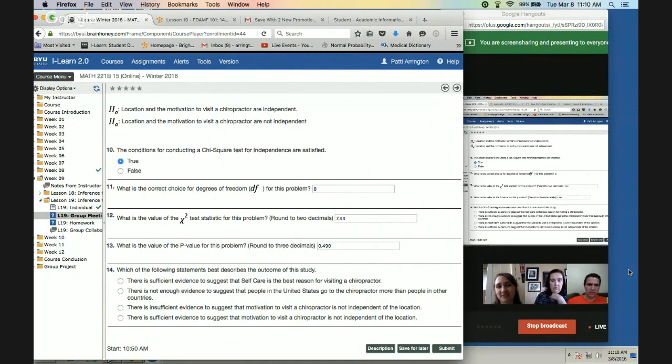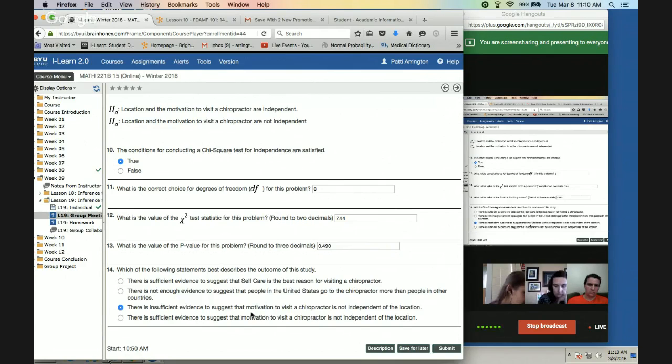Okay, 14. So in 14, I said there's insufficient evidence to suggest that motivation to visit a chiropractor is not independent. I always get those mixed up. Whatever the last half of the statement is always going to be the alternative hypothesis.